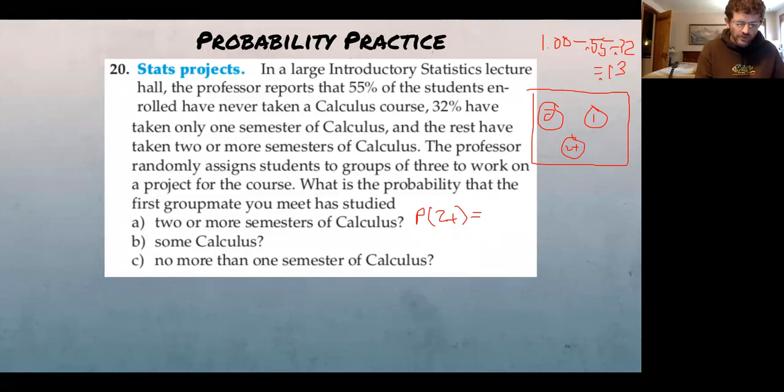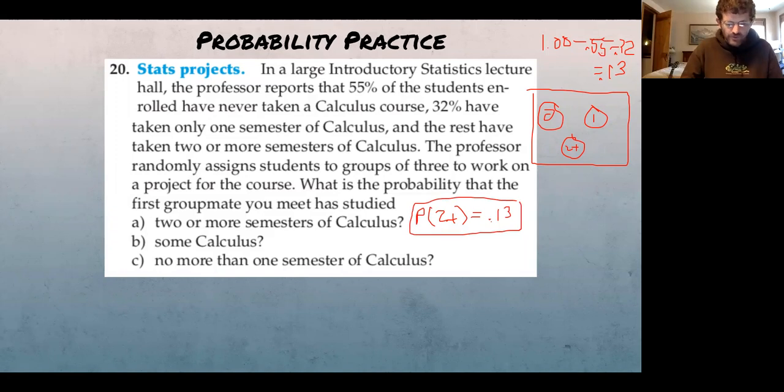Okay, so there's a 0.13 probability that someone has done 2 plus semesters. Some calculus. Well, some calculus isn't specific, but I know it's not none. So I just want the probability that it's not 0.